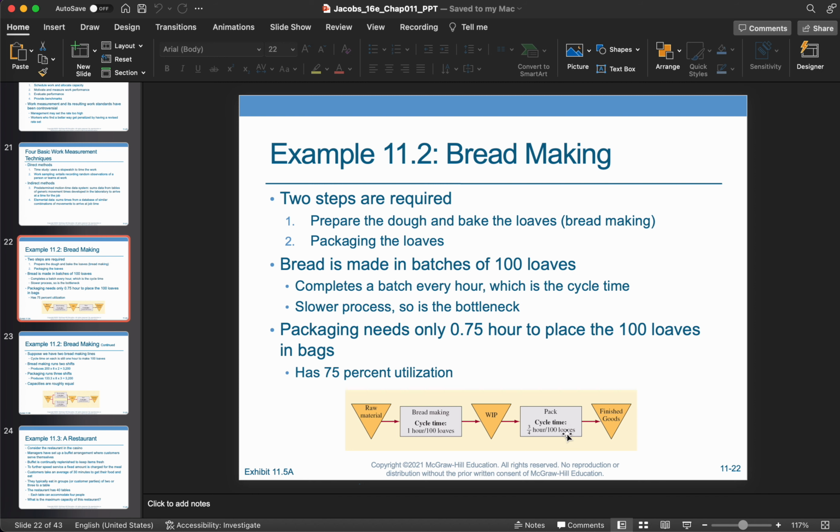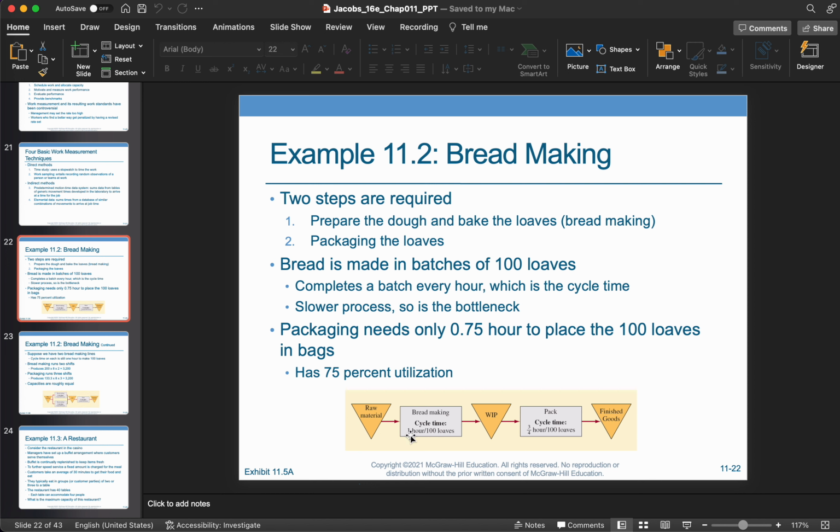If it takes 3/4 of an hour to package 100 loaves, in 1 hour you'll be able to package 133 loaves, basically. So you can package more loaves in an hour, but you can only make 100, so you can only package 100. And that is the capacity of the process.